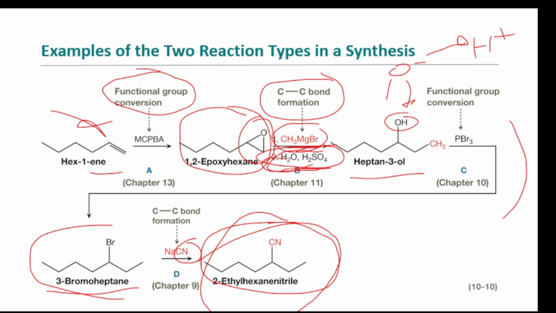So under the letters like A, B, C, D, what is chapter 13, 11, and 10? Those are the chapters the reactions were in. So if you were to look for those specific reactions and mechanisms, that's where you'd find those. In this case, this is what's called click chemistry. I'm just listing the reaction and giving you the product.